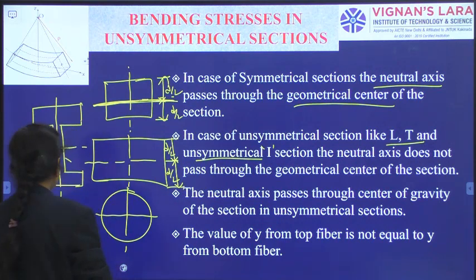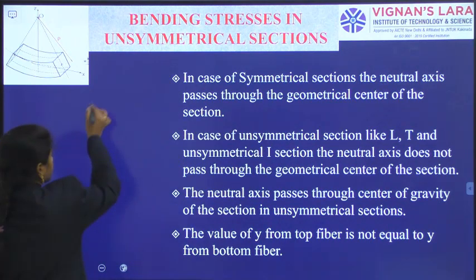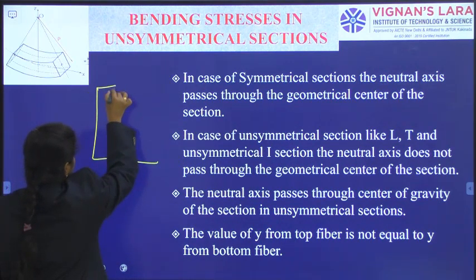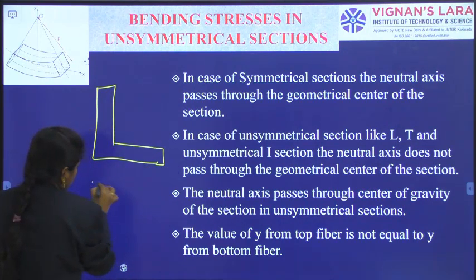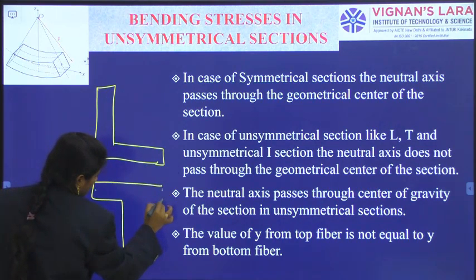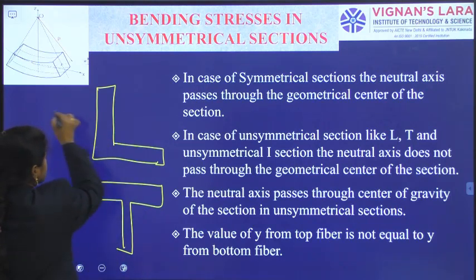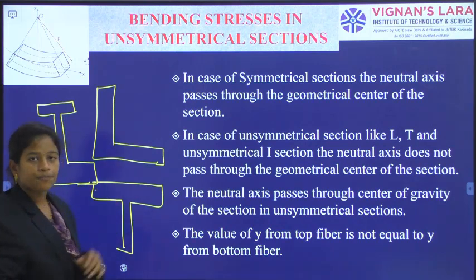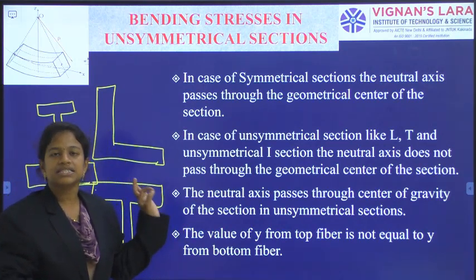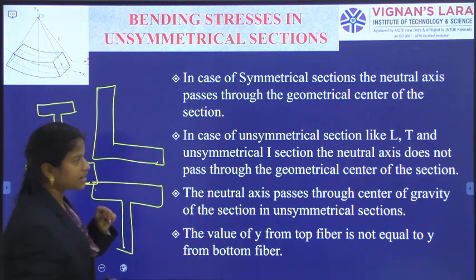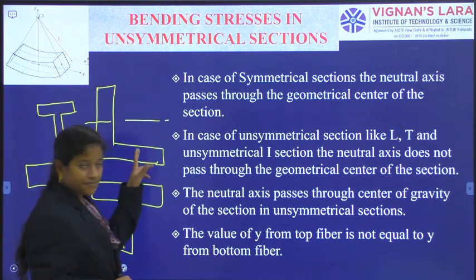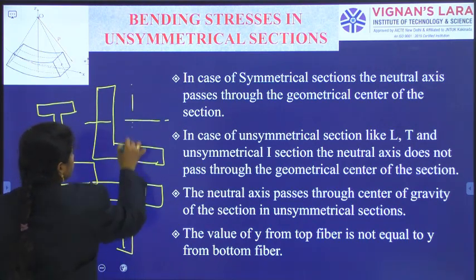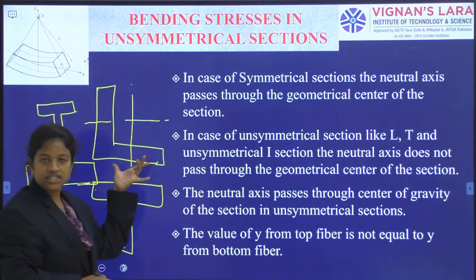When you observe any L section, any T section or any unsymmetrical I type, maybe the top flange dimension and the bottom flange dimension are not the same. Such types of members are called unsymmetrical sections. Why is it unsymmetrical? At half the depth, there is no symmetry.